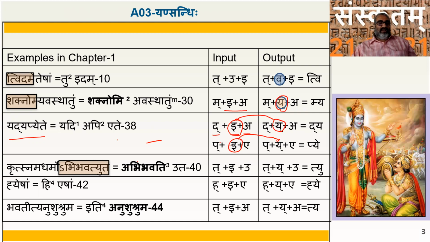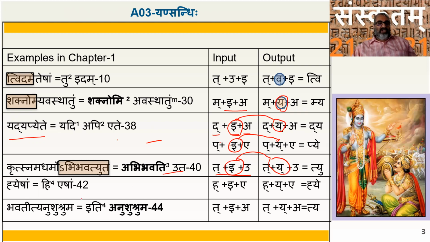Similarly, you have got Kritsnam adharmaha abhi bhavatyutaha. Here we are not taking the entire thing, we'll only take abhi bhavati uta. So you got ti, i and u. Again, i is becoming ya.